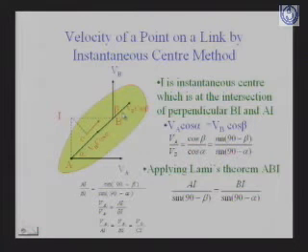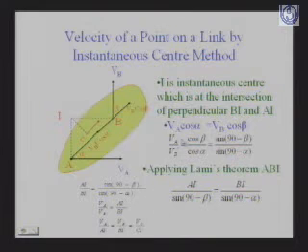Since the distance between these two points does not change, because it is our basic definition that this is a rigid body, and in a rigid body the distance between two points does not change, or there is a negligible change, this is only possible when these two points have the same velocity along the link.